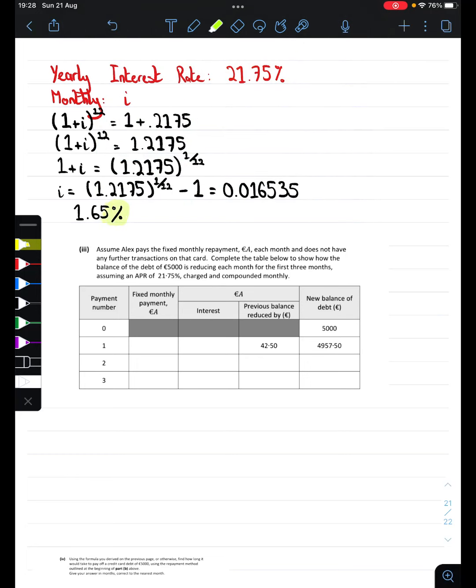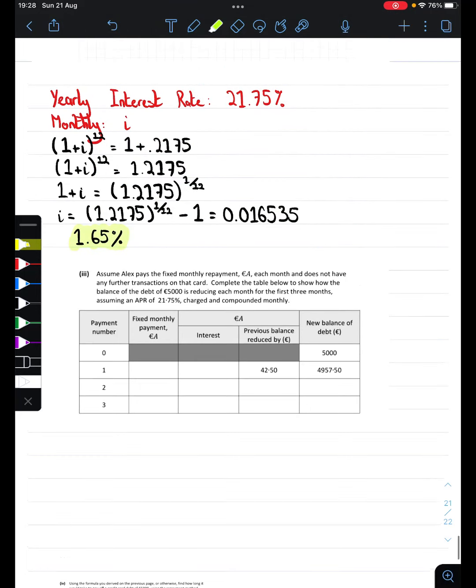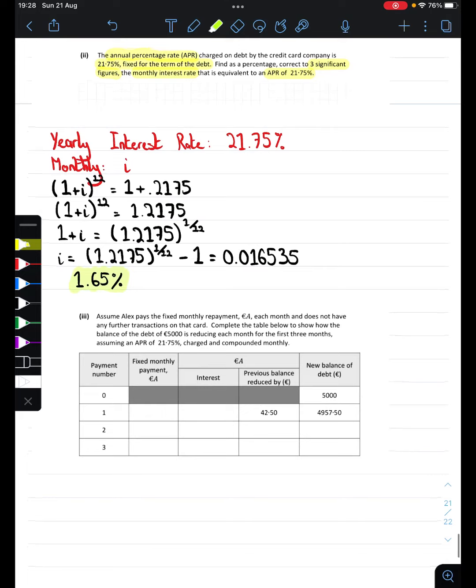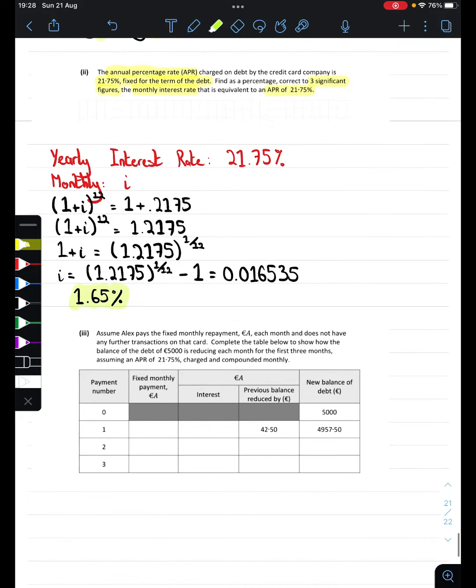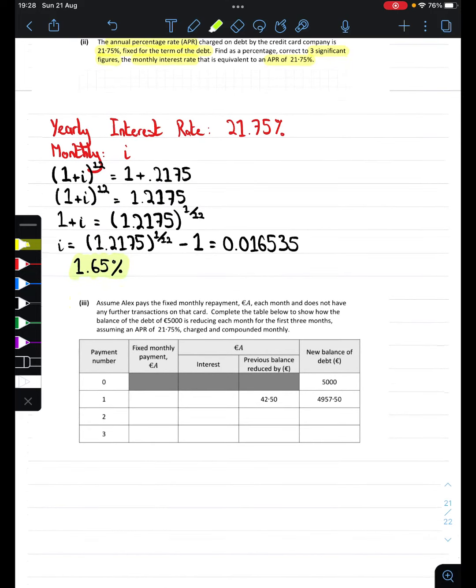So a monthly interest rate of 1.65% is equivalent to a yearly interest rate of 21.75%.